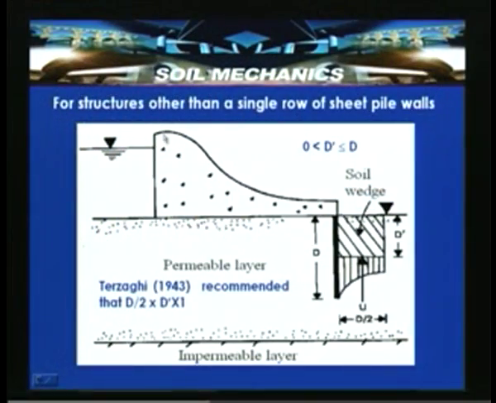With that, we are going to get a factor of safety of 4 or so. So, for that we can calculate the factor of safety against structures other than a single row of sheet pile walls, such as the cutoff sheet pile wall, and how to calculate the factor of safety for this type of structure. This is different from a single row of sheet pile walls.